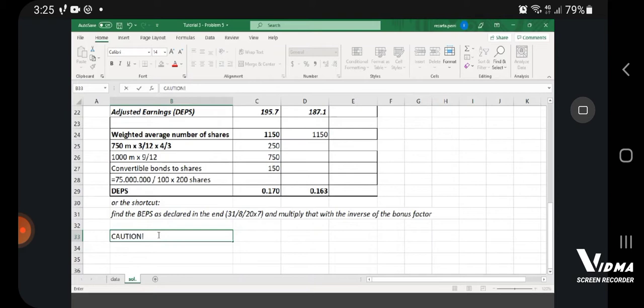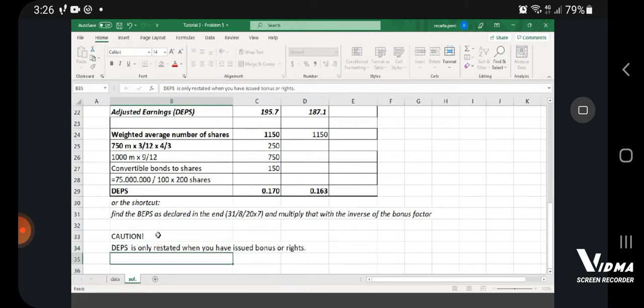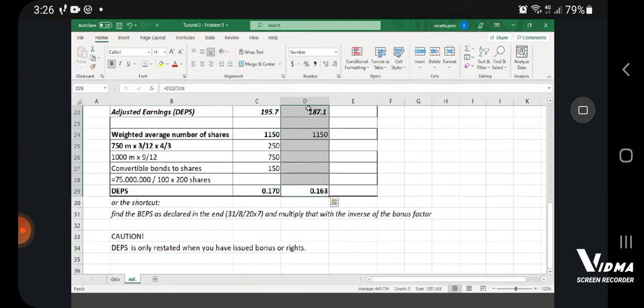Something else that I wanted to mention, and you should be very careful about this. Diluted earnings per share is only restated when you have issued bonus or rights. That means that if in 2018 there is no bonus issue, you are not required to restate diluted earnings per share over here.